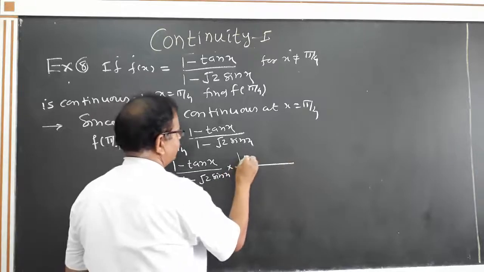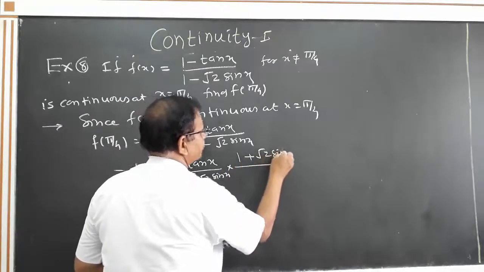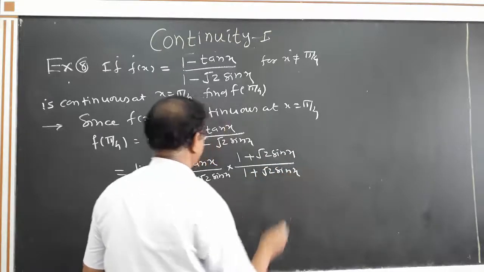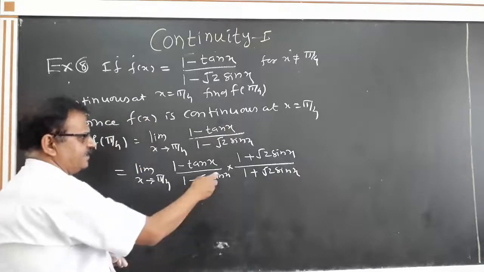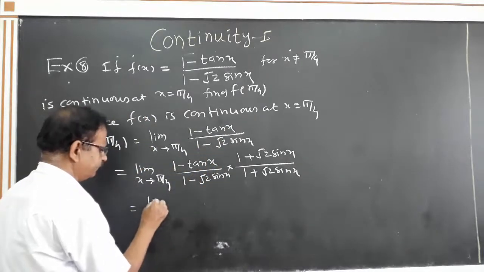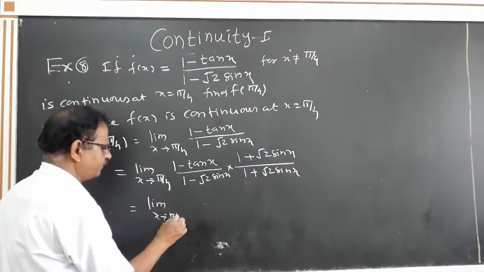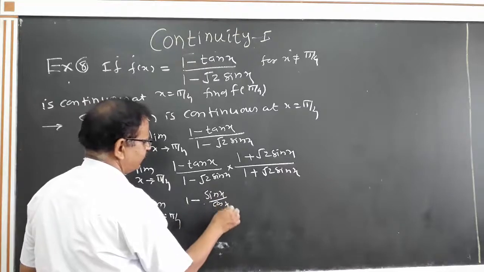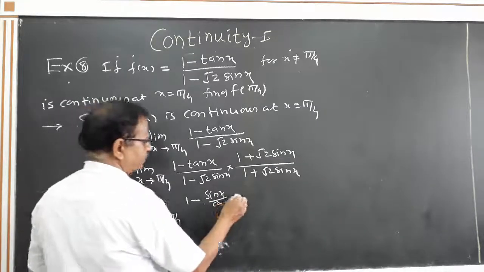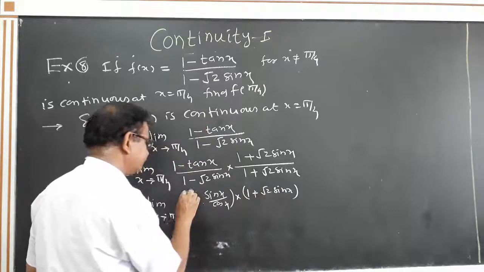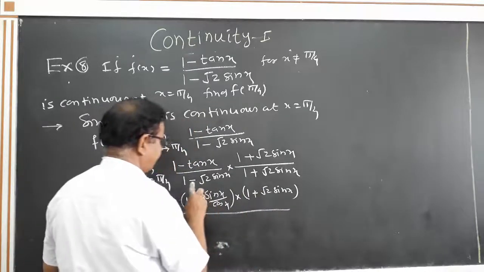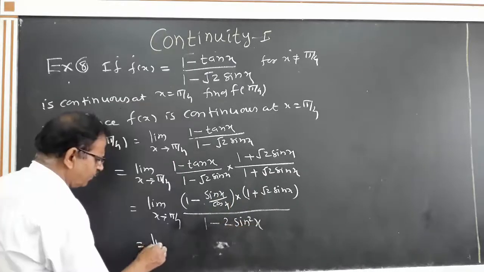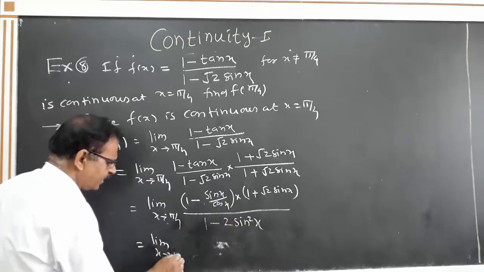Multiply and divide by the common factor 1 plus root 2 sin x. Now, as there is a tan x, we shall write limit x tends to pi by 4 of 1 minus tan x, which can be written as sin x by cos x, into 1 plus root 2 sin x divided by a minus b, a plus b, 1 minus 2 sin square x, equal to limit x tends to pi by 4.